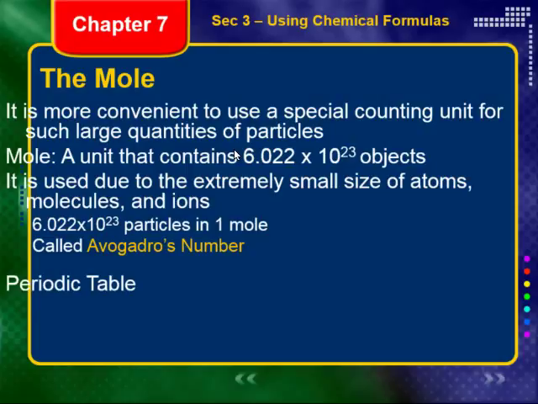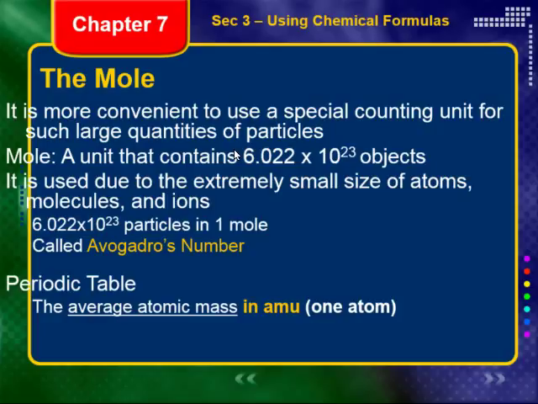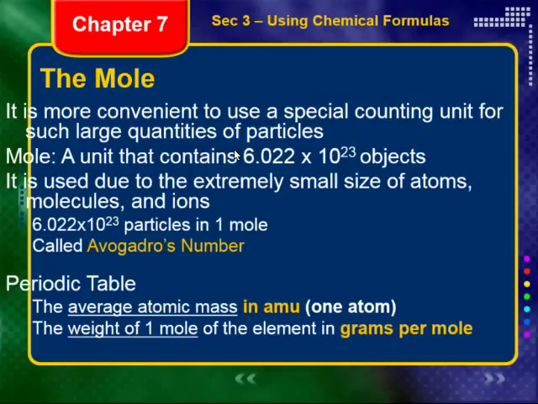But when we look at the periodic table, the average atomic mass is listed in AMU. That's 1 atom. The weight of 1 mole of an element, if we have 1 mole of a pure element, is going to be that exact same number, but in grams per mole. This is going to be a large amount. Again, 6.022 times 10 to the 23rd particles.